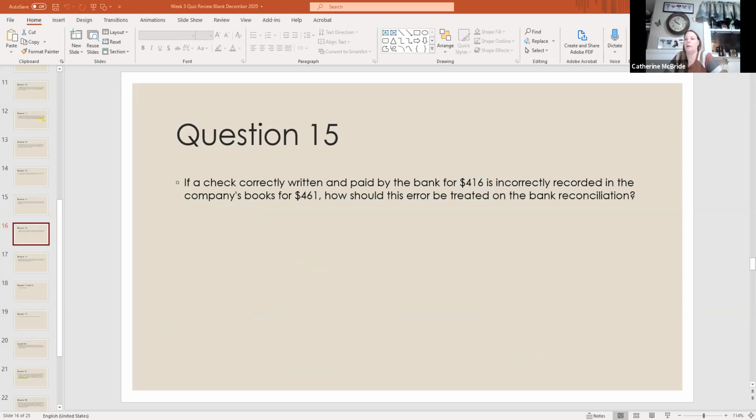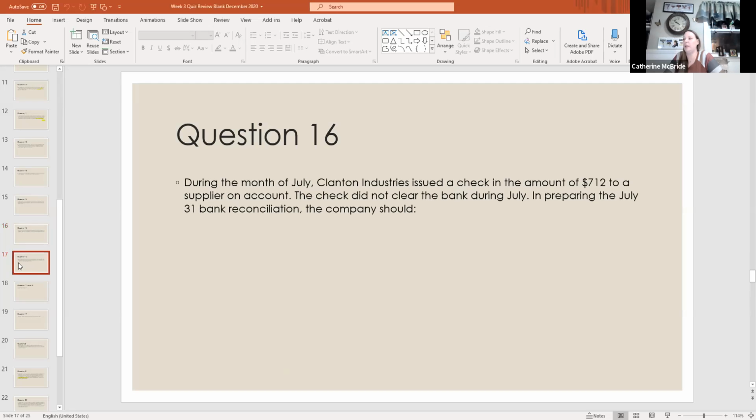Okay. Along the same lines here, now we're going to talk about preparing the July bank reconciliation, and what the company should do. During the month of July, Clanton Industries issued a check in the amount of $712 to a supplier account. The check did not clear the bank during July.